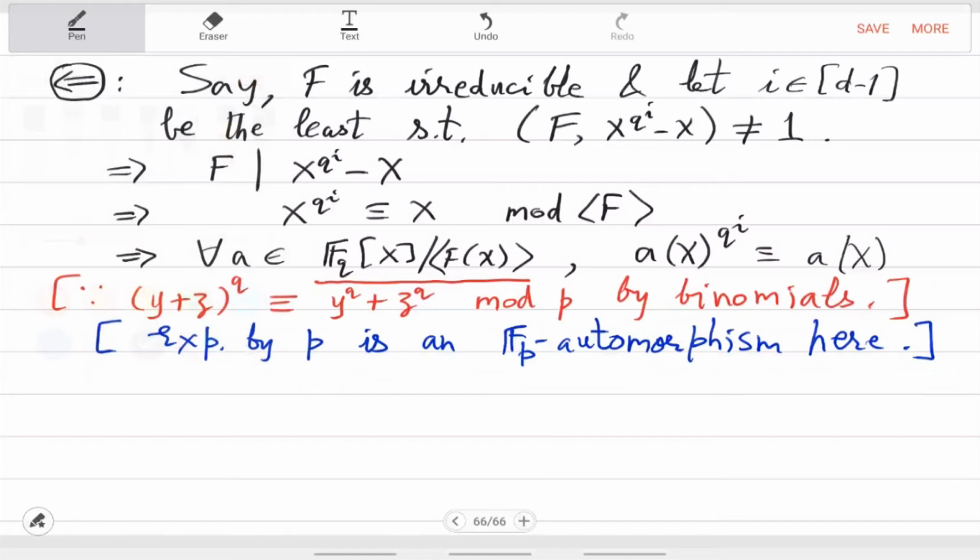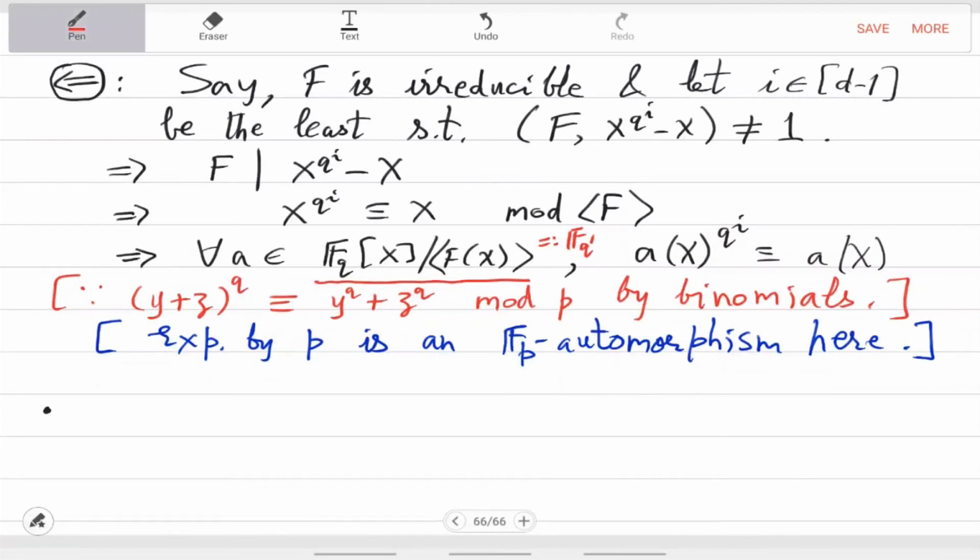So that argument goes as follows. Let me give it a name. Let me call it F sub q prime.